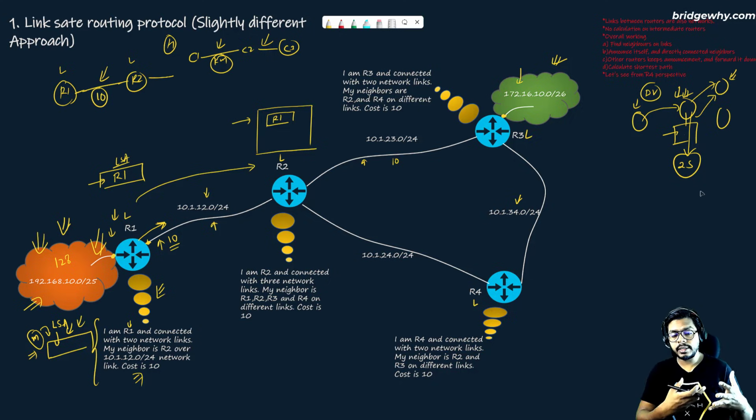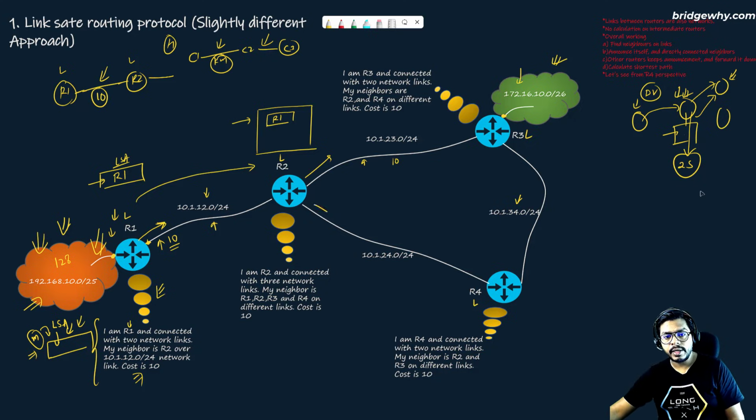Whatever LSA it receives from R1, it just puts it into the database and then forwards it everywhere, simple. It means that R3 is going to receive this LSA in no time. Suppose in distance vector every router takes 2 seconds for the computation. Here, you are not doing anything.